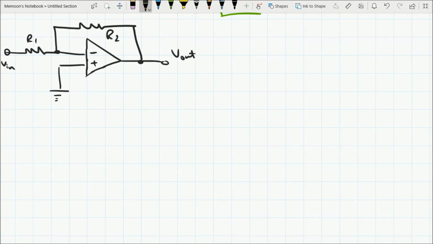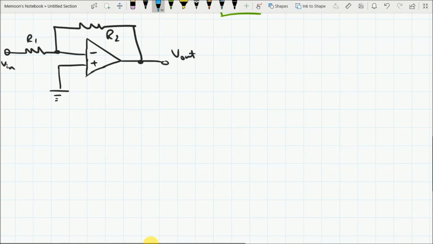Now going to the basic rule, both the positive and negative terminals are getting some sort of supply voltage, right? V in is supplied to the negative terminal through a resistor, and a 0 volt or a ground is applied to the positive input directly. Which effect would be dominant?